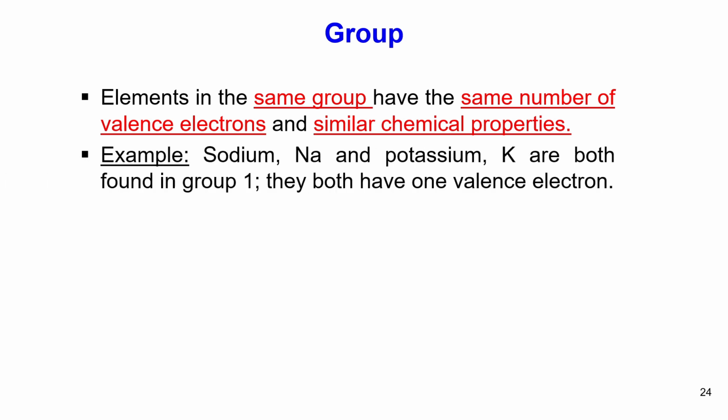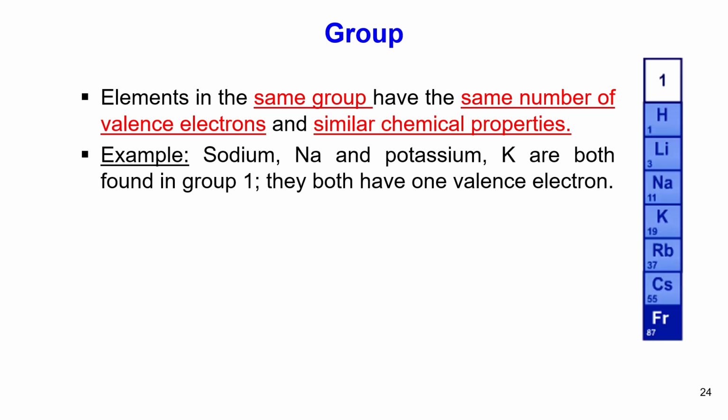For example, all elements in group 1 from sodium until cesium have only one valence electron, but they are different in number of period.